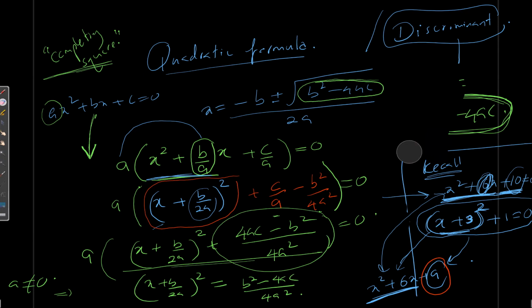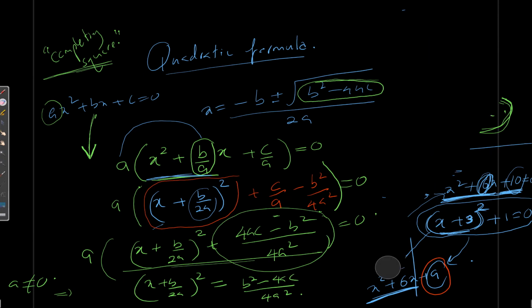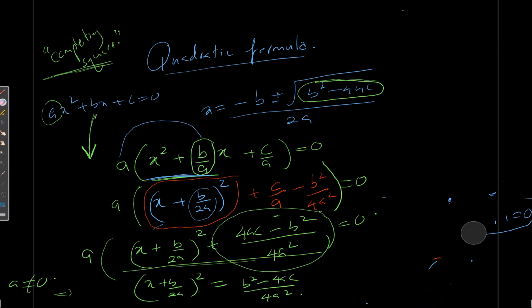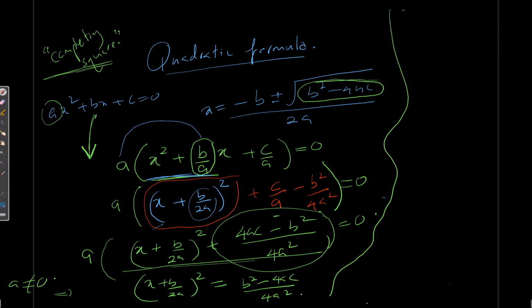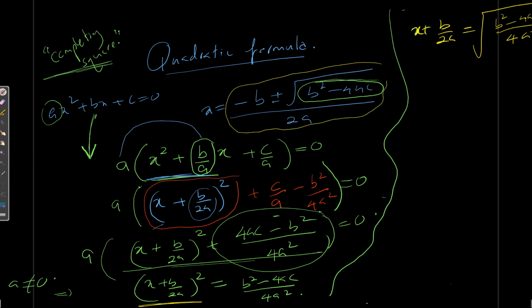Now I need room, so let me do it over here. Now the square root technique. Let me choose a different color. x plus b over 2a squared, take the square root of the whole term on the right-hand side, right, for a squared. If you observe closely, it's already starting to appear.